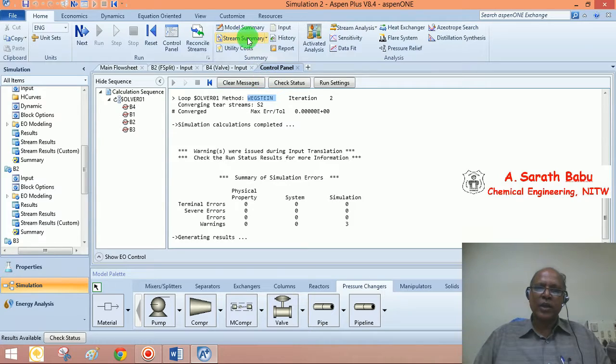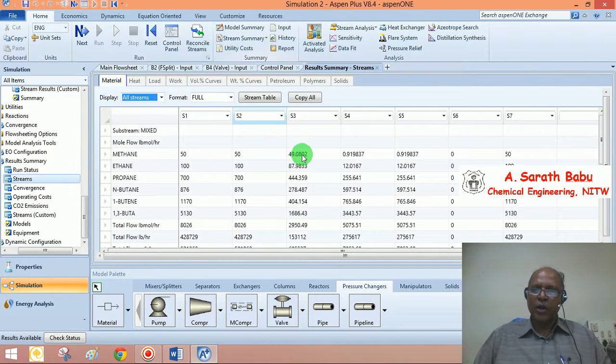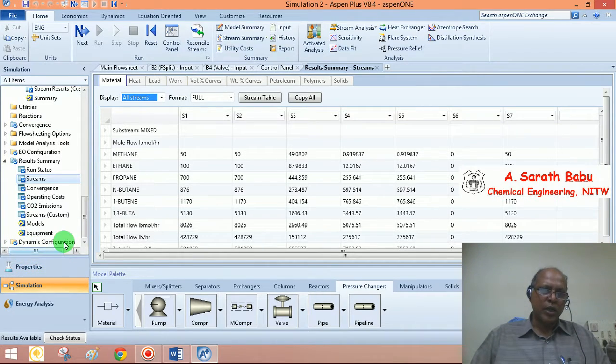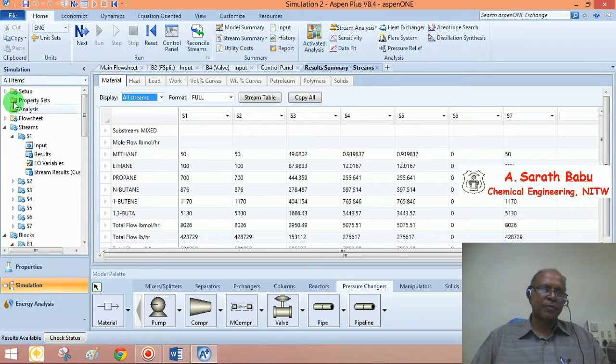Now let us look at the stream summary. Particularly, I am interested in, because you can see nothing is being recycled, S5 happened to be the liquid product. Let me also introduce in the report the mole fractions.